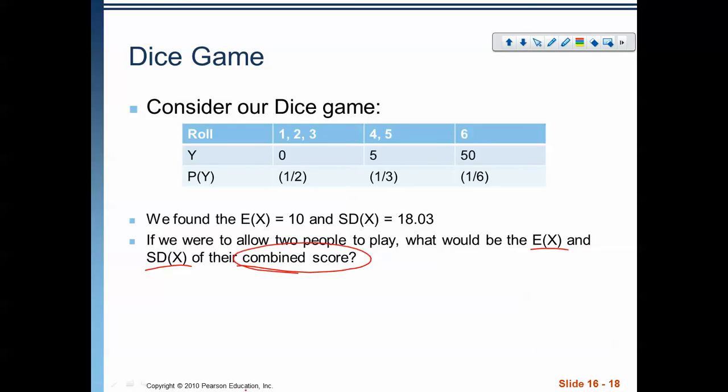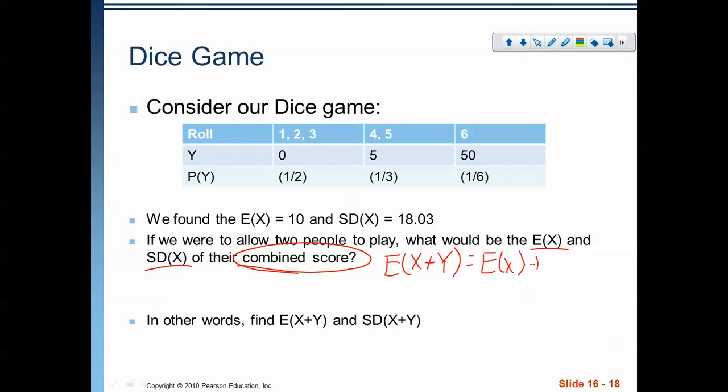Their combined score, in other words, what we're trying to find is E of X plus Y and the standard deviation of X plus Y. Well, our rule says E of X plus Y is simply E of X plus E of Y. So if I have two people playing this game and I'm combining their score, I'm taking the two averages and adding them together. So E of X plus Y would be equal to 20.